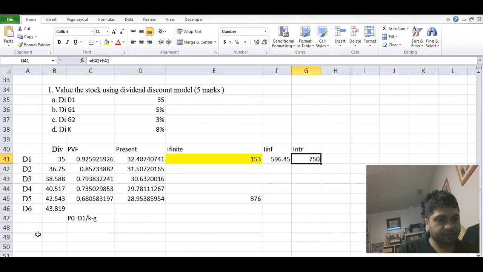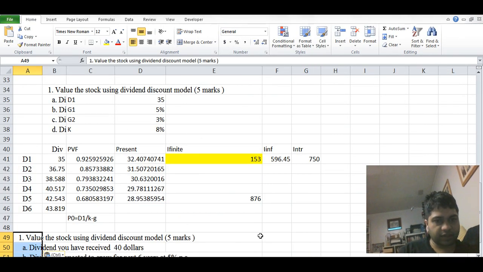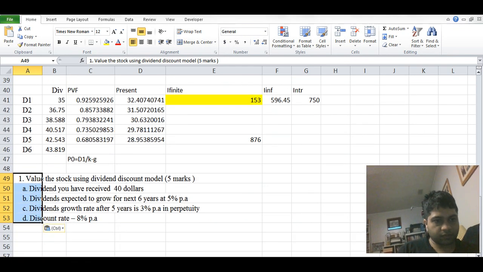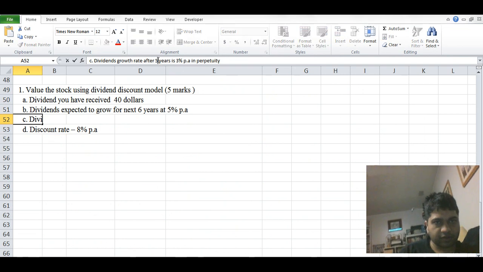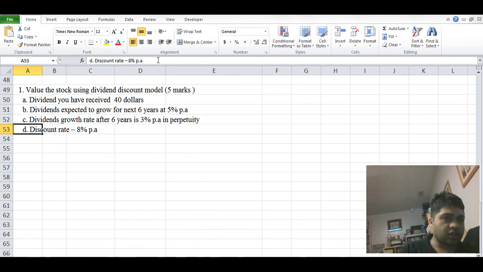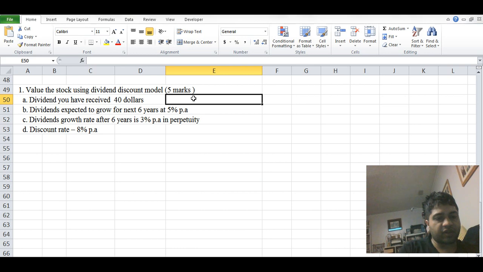So copy, paste. This has a small error, that is 6 years. Then I'll explain. So what have they given? The difference between previous question and this question, they have given dividend that you have received. So they have given you D0, not D1.